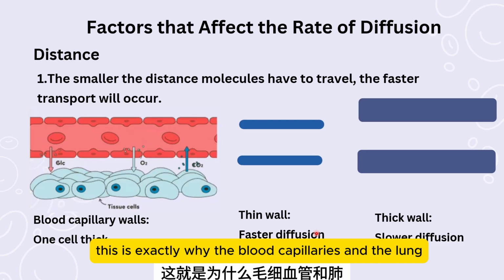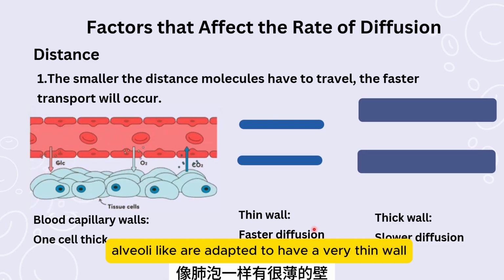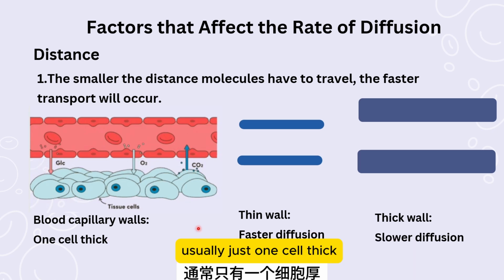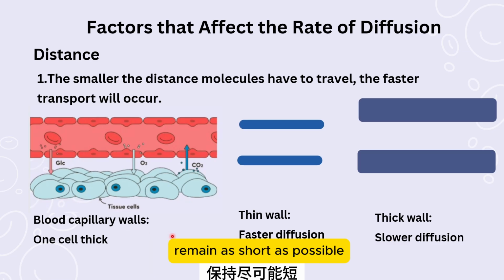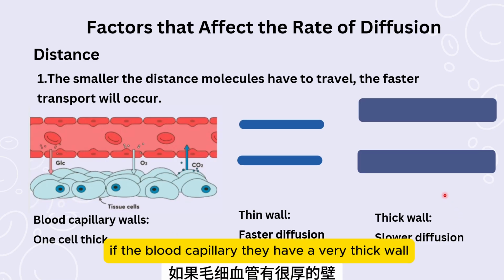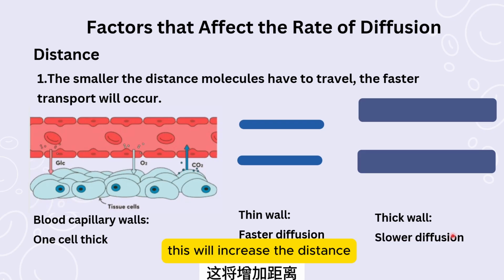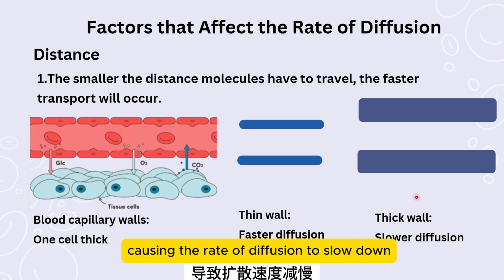This is actually why the blood capillaries and the lung alveoli are adapted to have a very thin wall, usually just 1 cell thick. So this is to ensure the diffusion distance remains as short as possible for efficient transport. If the blood capillary had a very thick wall, this would increase the distance that molecules must traverse, causing the rate of diffusion to slow down.